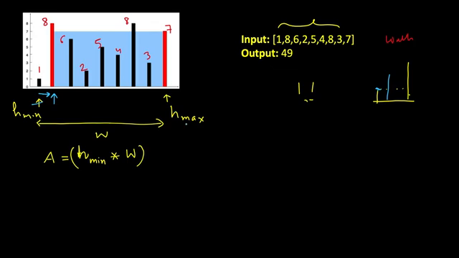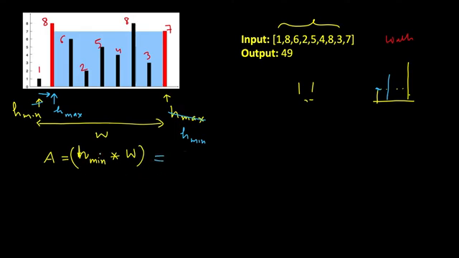H max you did not move because there was no point in moving that. You need to increase the H min. Now you compare this new height and H max. Whichever is smaller will be your new H min. In this case, H max becomes H min because it is the smaller of the two. Now your width has changed from 9 to 8.